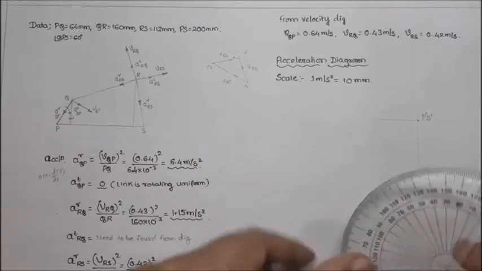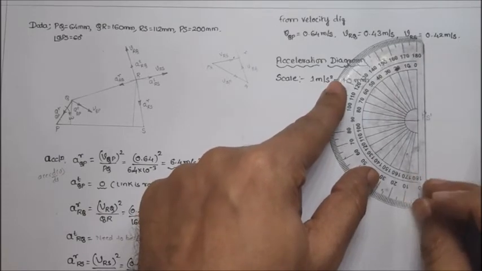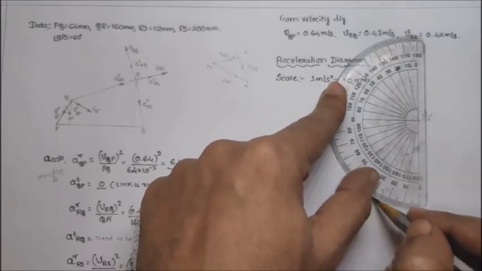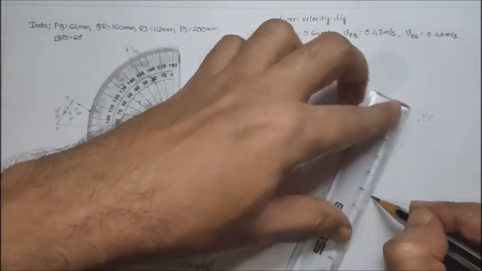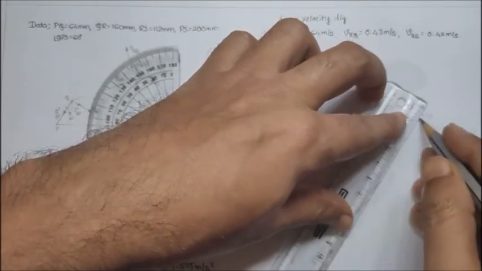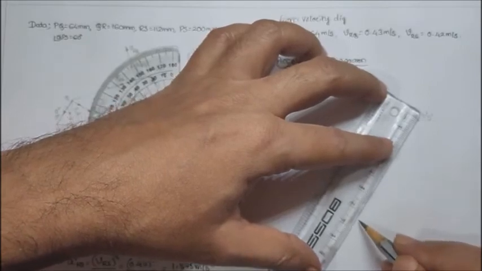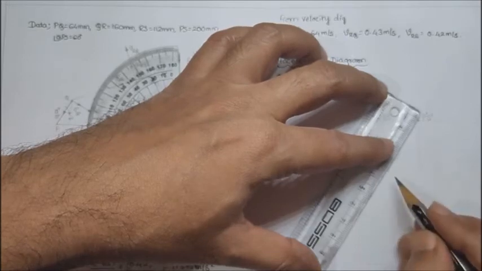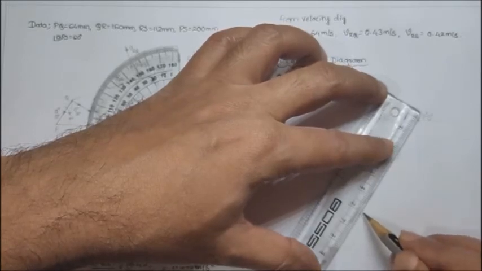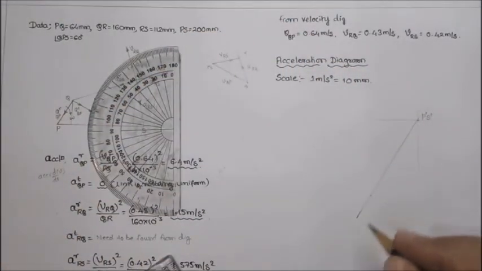We'll keep our protractor at this point, measure 30 degree, then draw a line. The magnitude of this one should be 6.4. This one we'll name as Q dash.